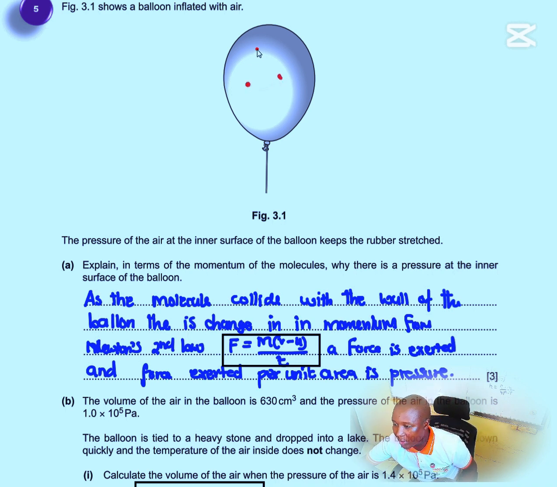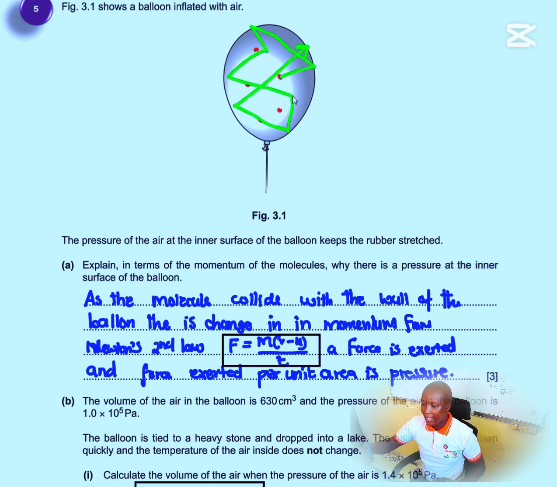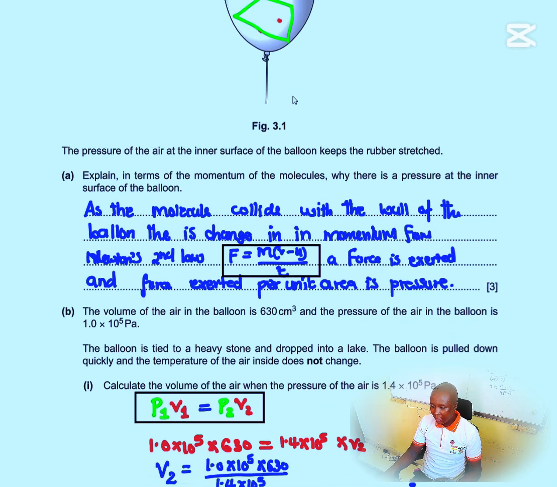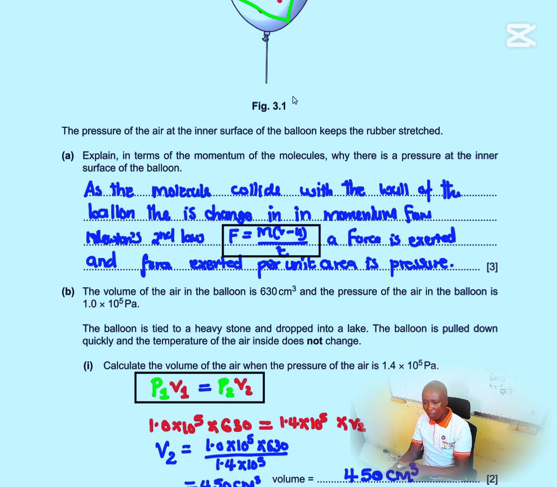In this balloon, the particles move in a random zigzag manner, colliding with the walls of the container. As temperature increases, the kinetic energy increases and the number of collisions increases. As the air collides with the walls of the balloon, there is a change in momentum, and according to Newton's second law, a force is exerted.